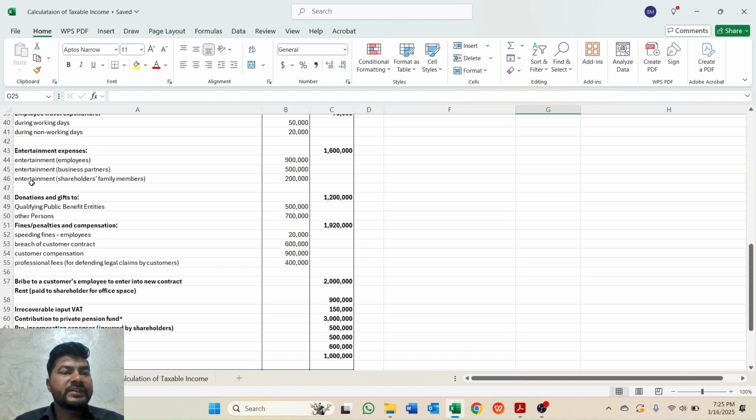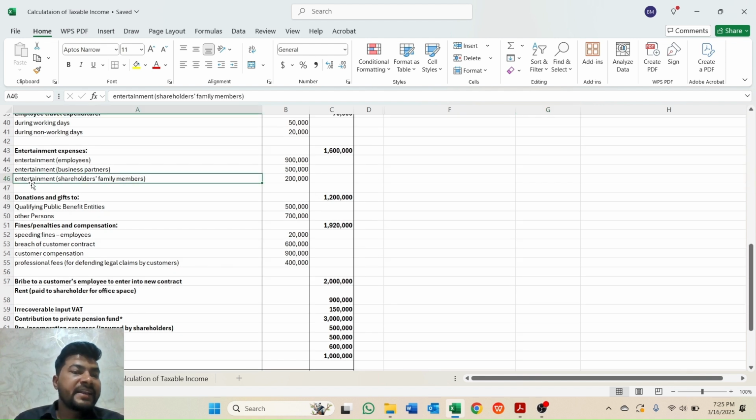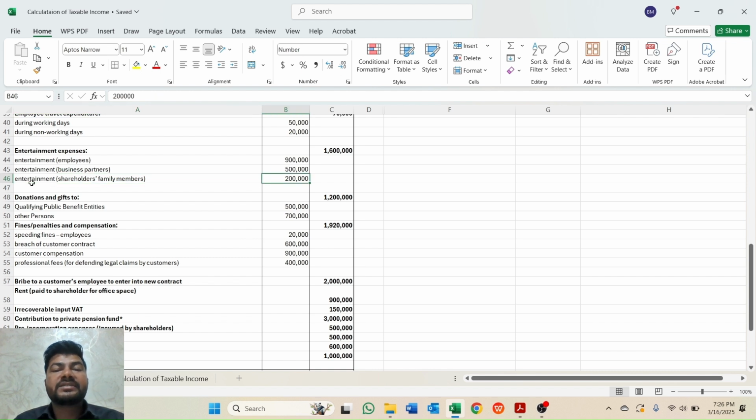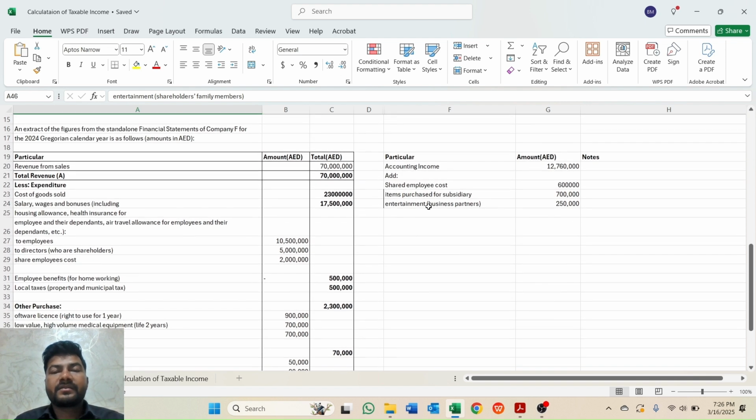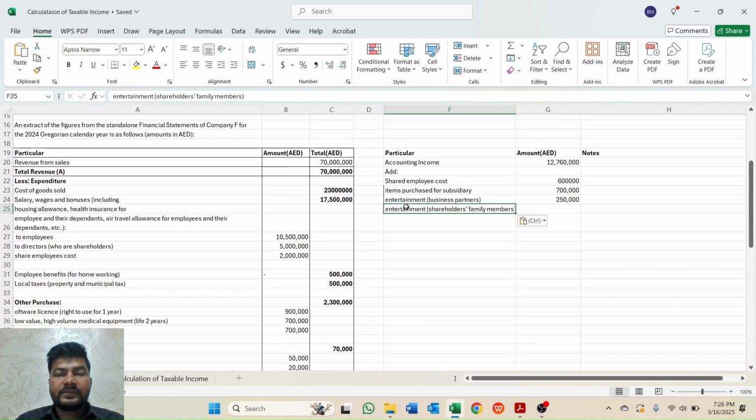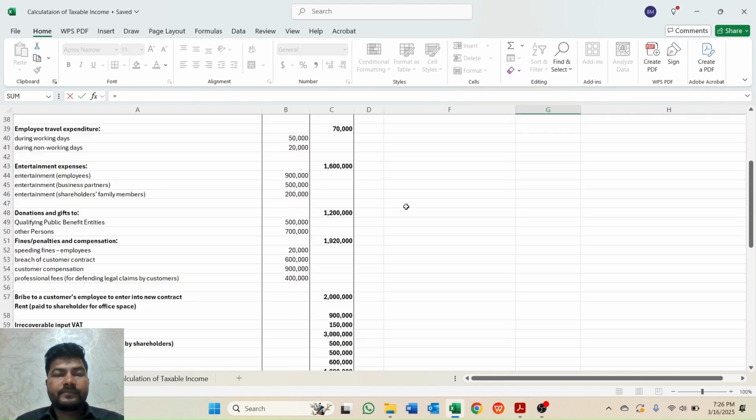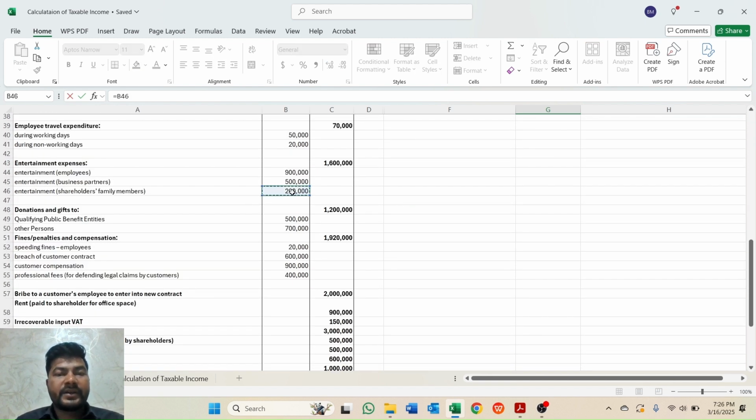Now let's come to entertainment expenditure related to shareholders' family members. Since this is not a business related expenditure, and not entertainment expenditure related to employees, these are totally disallowed. So we'll again add back this expenditure here. How much? 200,000.